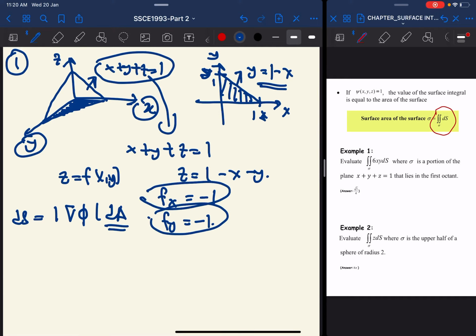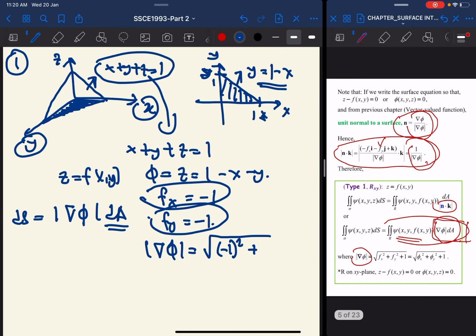Okay, the magnitude of grad phi is equal to the square root of fx squared plus fy squared plus 1.